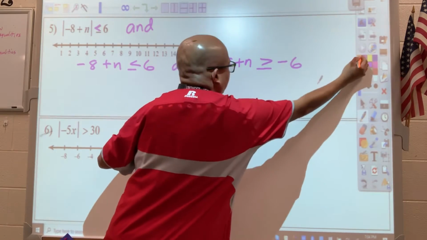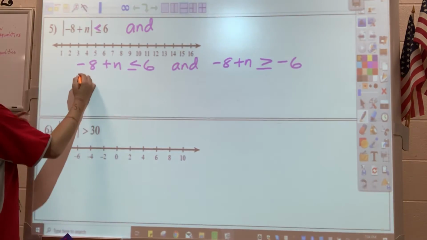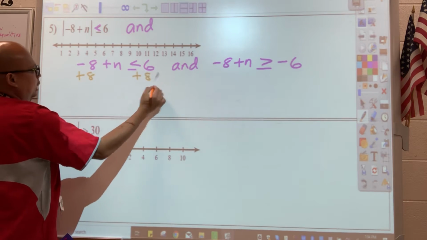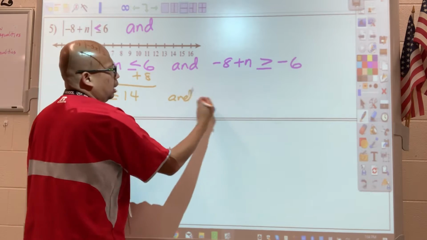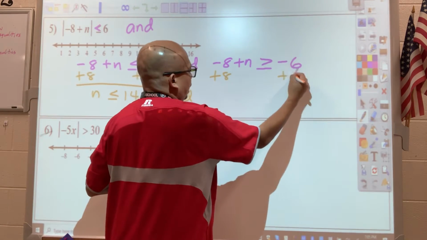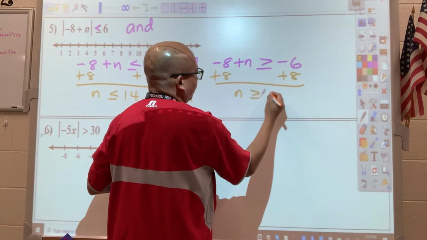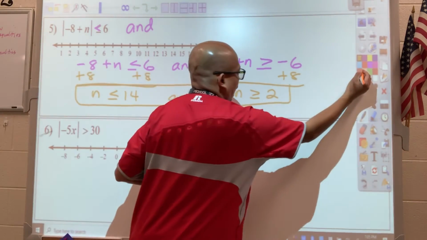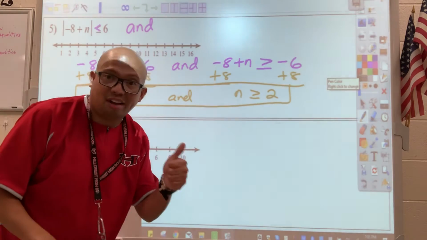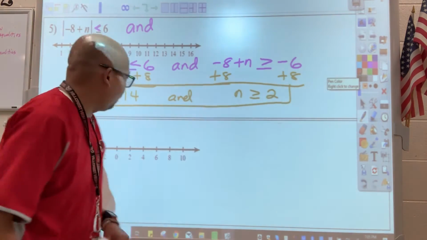From there, I can solve the problem separately, adding 8: n less than or equal to 14, and plus 8 here, plus 8 there, and n is greater than or equal to 2. So that is our answer as of right now. Let's graph it and double check if this is correct.